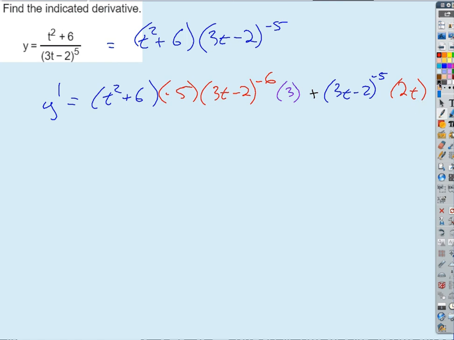Let's go ahead and clean this up just a little bit. So I could combine those two, right, and get a -15 times t squared plus 6. That was really tricky. Rarely do I think ahead like this, but I'll do it today.